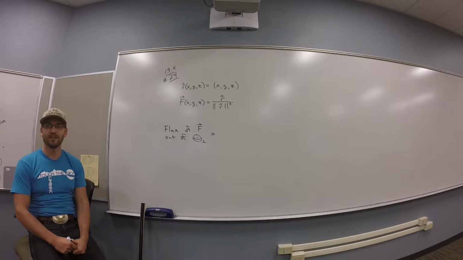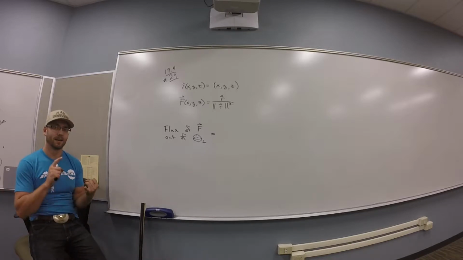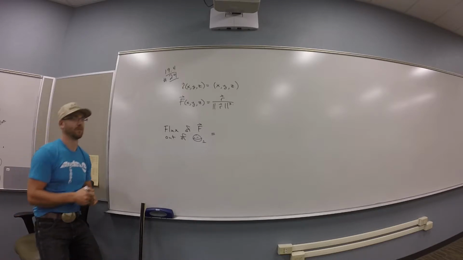So what did I need to apply the divergence theorem at all? In order to have all the points within the boundary. Yeah, so I needed a surface, right? A two-dimensional orientable surface, oriented outwards.